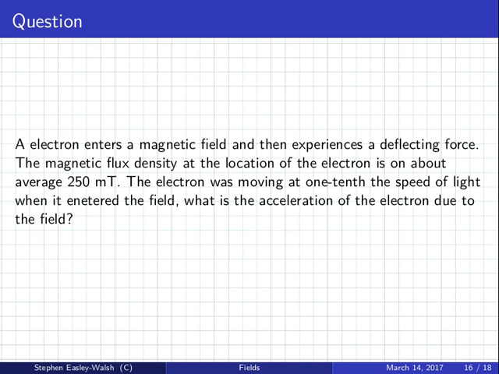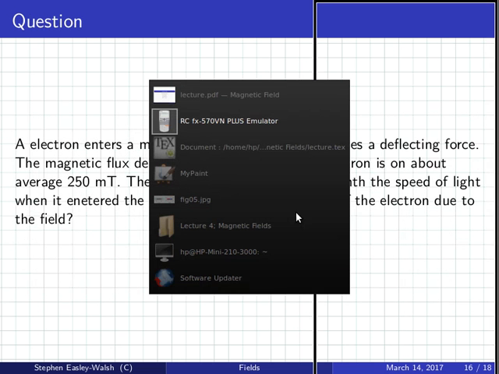Okay, so I'll draw what's happening here. You've got a magnetic field. I should tell you this, it would be useful to know. It's kind of hard to draw the field going into the page, so the way we do it is like this.